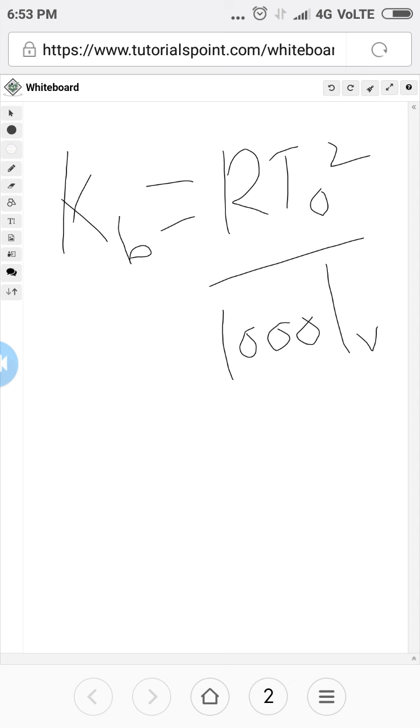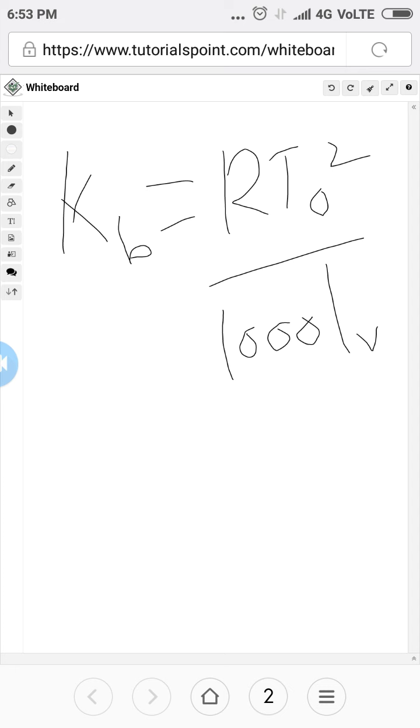where R is the universal gas constant, T naught is the boiling point of pure solvent, and LV is the latent heat of vaporization per gram of the solvent.